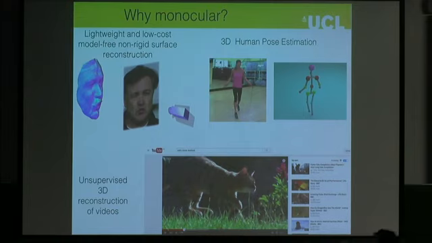So unless we're able to really deal with non-rigid objects, maybe very complex scenes where we have a combination of dynamic objects and rigid objects, but we don't have any previous information about what we're looking at, then we won't be able to learn from these very unstructured videos that come from YouTube. So ultimately, this is really what I'm interested in. I'm interested in unsupervised methods for 3D reconstruction so that we can apply them to videos that come from anywhere, where we don't necessarily have models, we don't have knowledge in advance about what we're going to find.